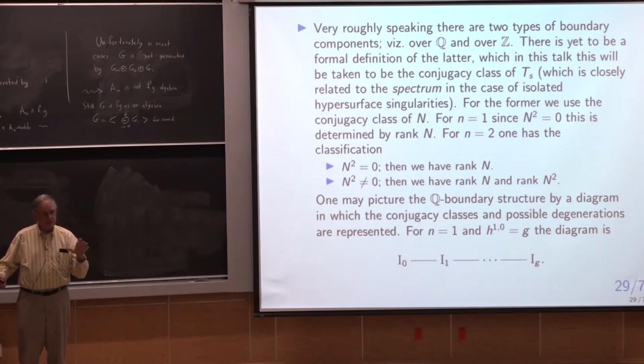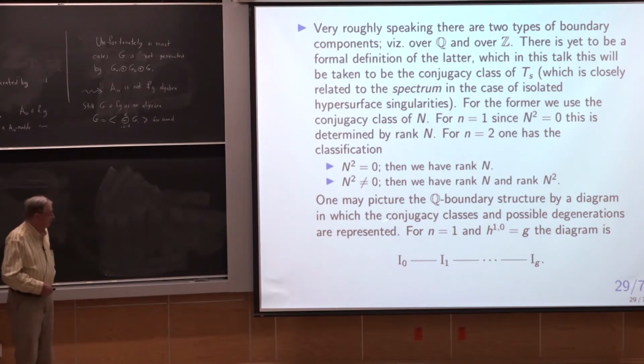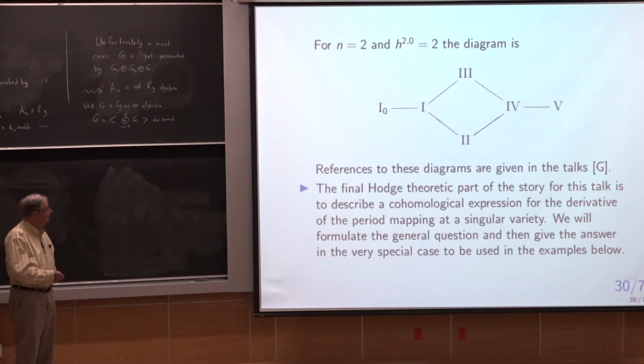It's that picture of the genus 2 curves that I put up earlier. Hodge theoretically, this is the picture that's drawn. No singularities, 1 double point, and so on, up to g double points. So that's how the limiting mixed Hodge structures get organized for weight 1, for Riemann surfaces.